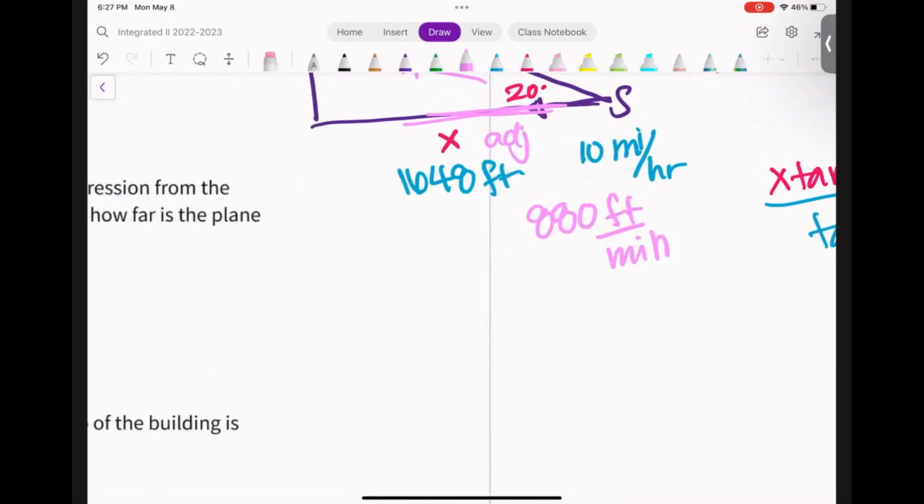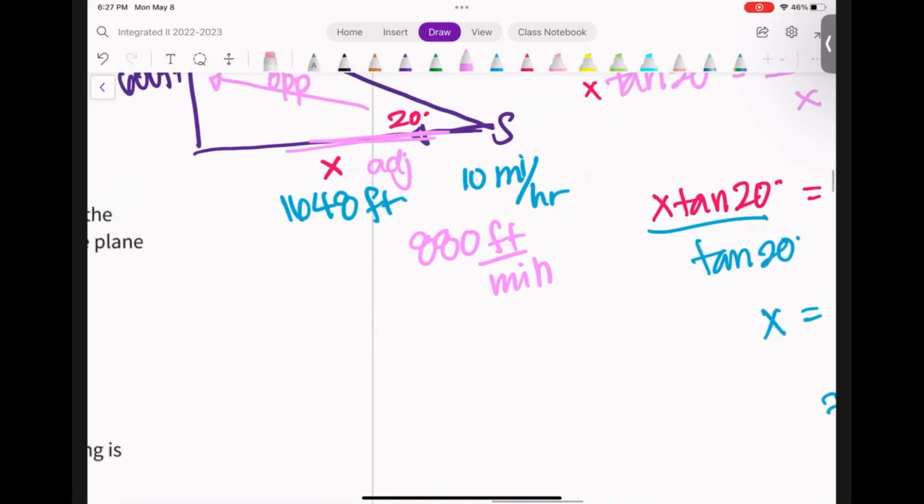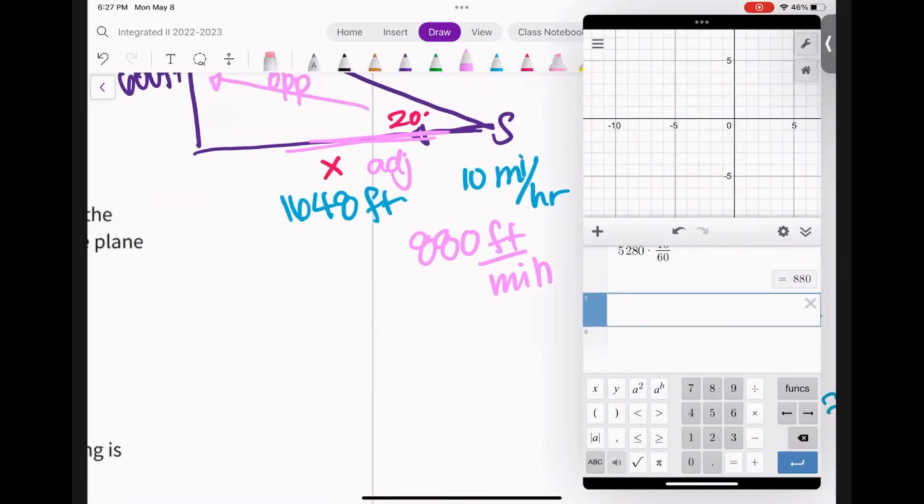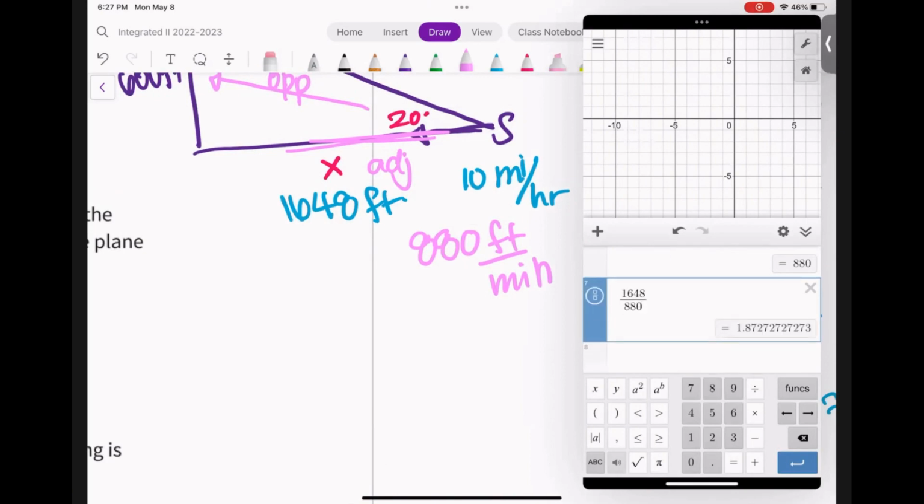So how many minutes is that going to take her if she has to travel 1,648 feet? So then you'd have to divide that out. So let's see. 1,648 divided by 880 is 1.9 minutes.